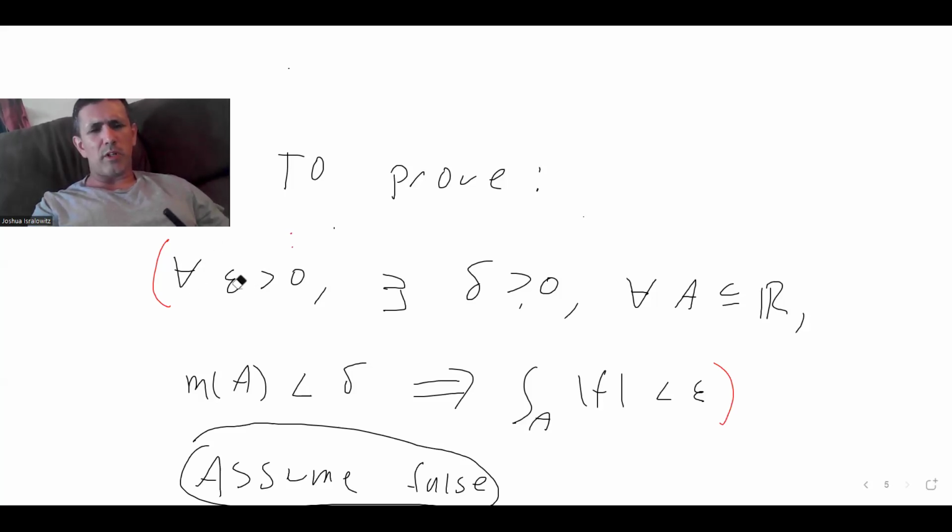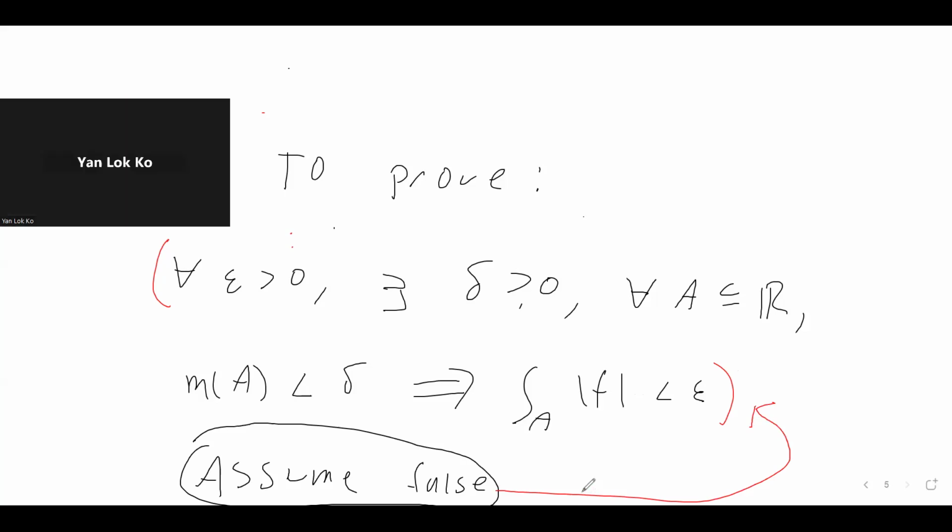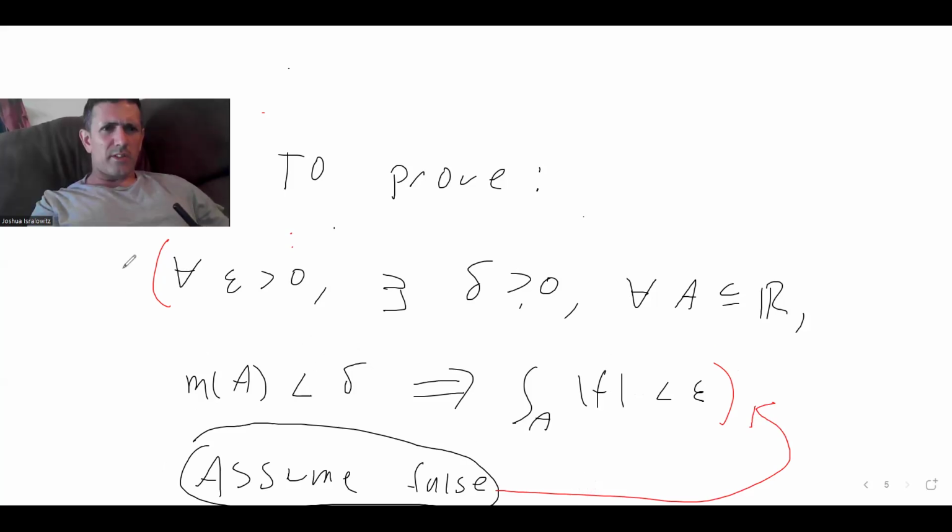For all epsilon, what does that become when you negate? There exists something that doesn't satisfy this condition. Yes, there exists. So you just do this one by one, like an onion.